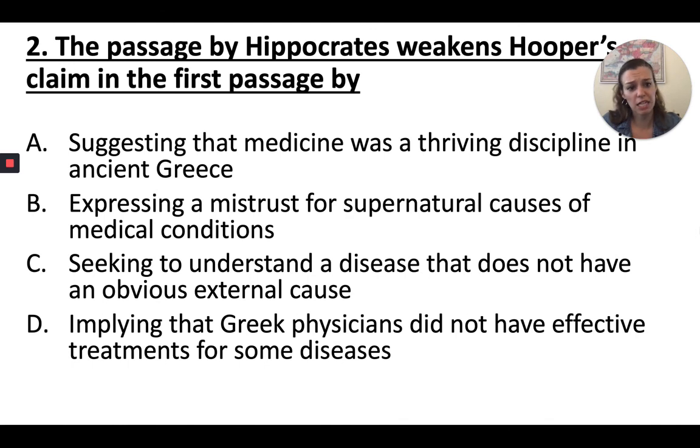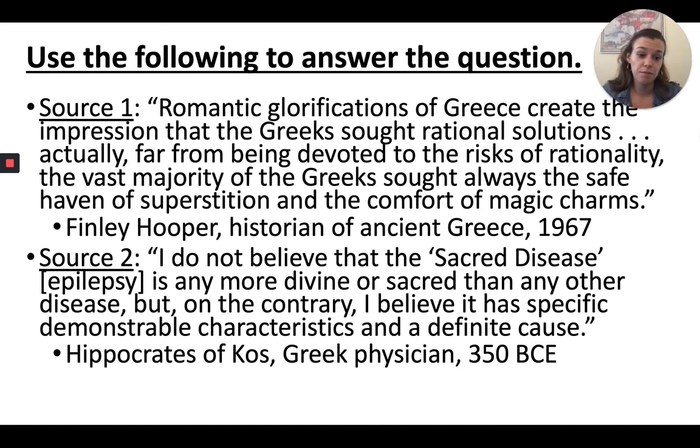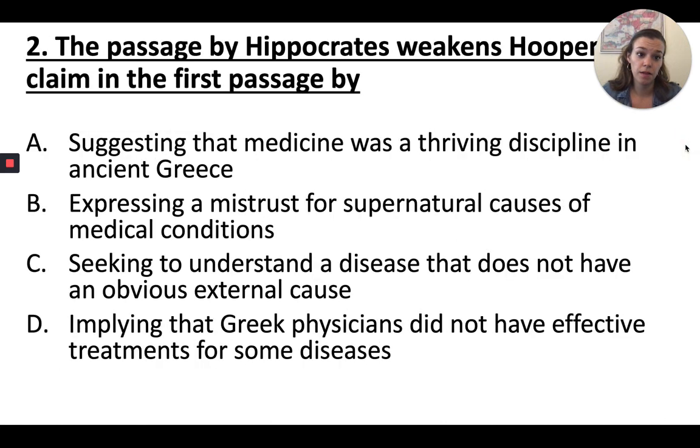So I'm going to go back to that source. Again, pause it, take your time as you need it. Answer the question. This is just practice. You're not going to be graded on whether or not you get these right. But I want you to try.